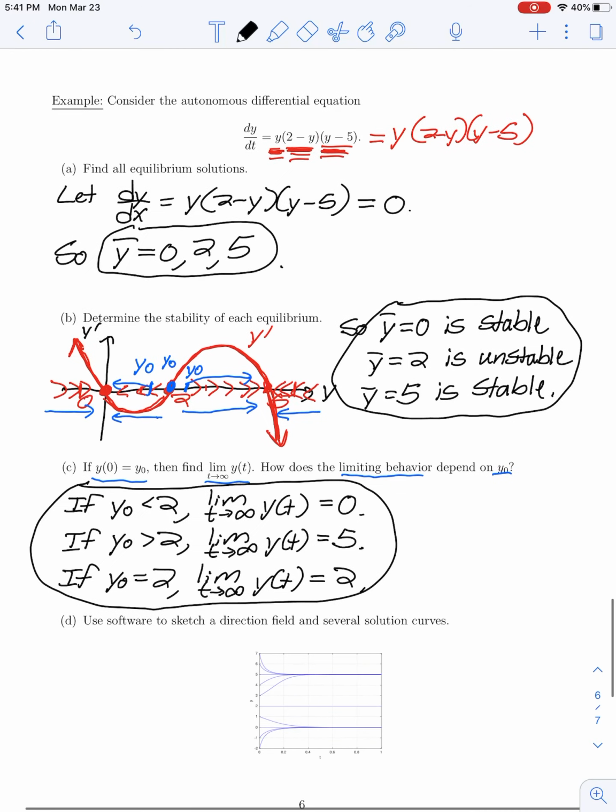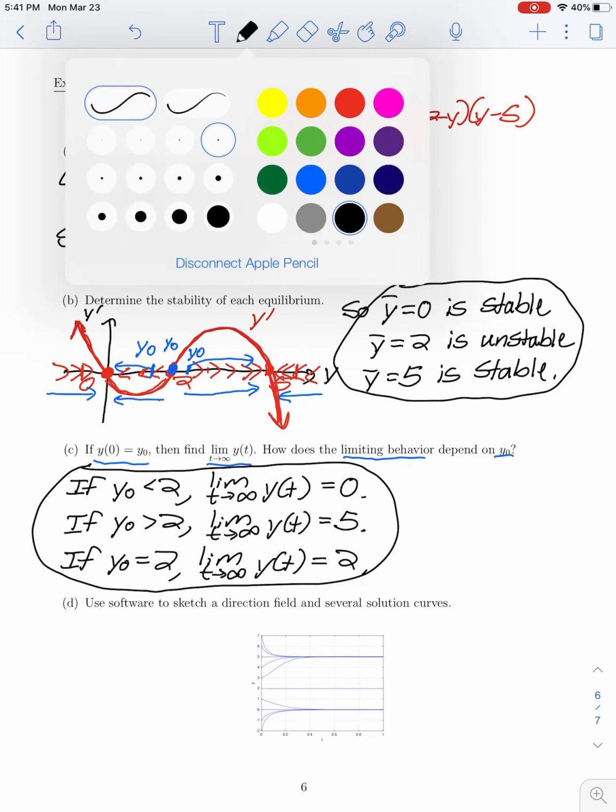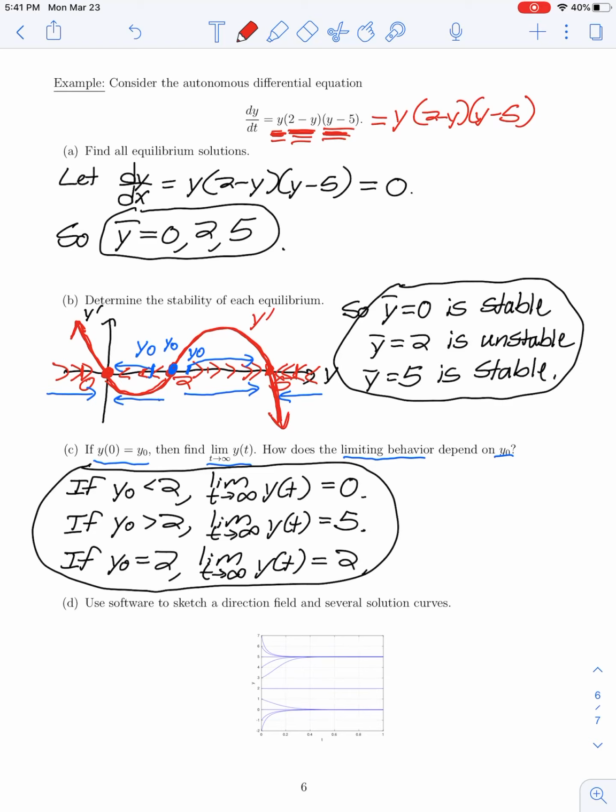And then in part D, I mentioned, well, we can use software to sketch a direction field along with several solution curves. So again, making use of that program D field, we could draw a direction field and some solution curves. And we saw in part A of the problem that we have equilibrium solutions at 0, 2, and 5.